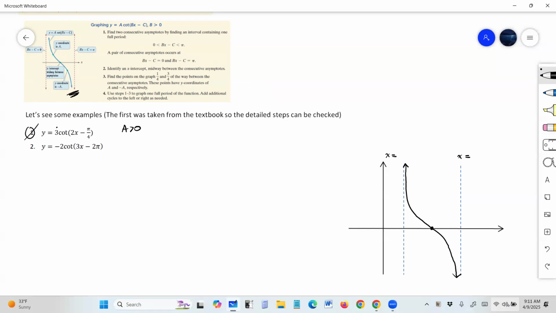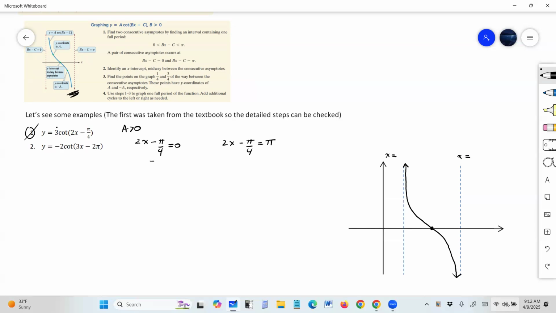And now I have to find the two vertical asymptotes. To do that, I am going to solve two equations. 2x minus pi over 4 equals 0, and 2x minus pi over 4 equals pi, because that's where the two vertical asymptotes will be located.